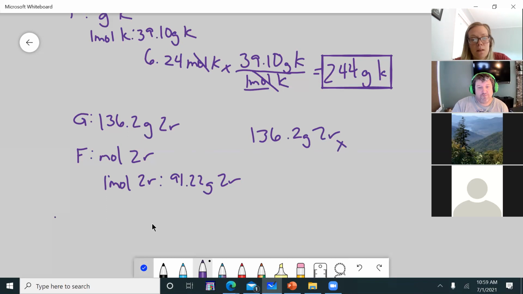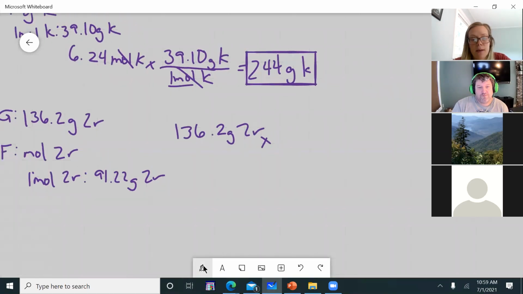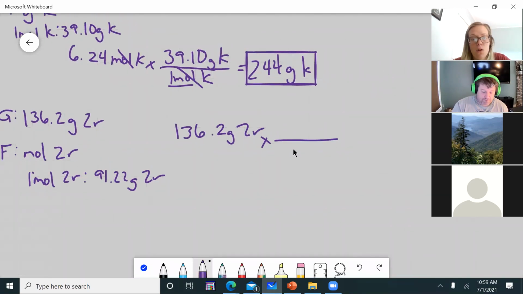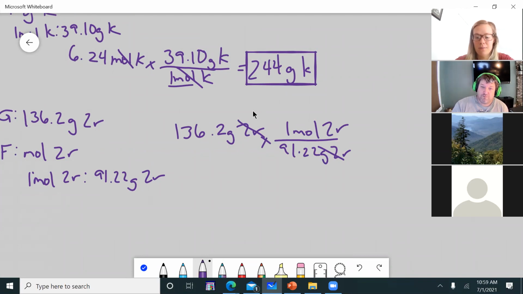I'm going to put the mass on the bottom and the mole on the top. 91.22 grams of zircon on the bottom for every 1 mole of zircon on the top. The grams will cancel. So in this case, you divide by its molar mass. Again, I don't think of it as multiplying and dividing. I just put it into my dimensional analysis and do what it tells me to do.